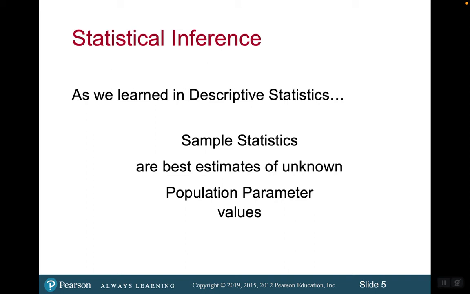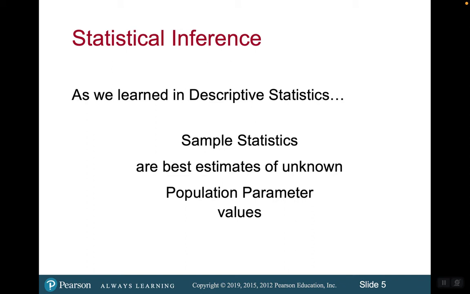As we've been going through this course and talking about different things, one of the things we've learned is that sample statistics are probably going to be our best estimates of unknown population parameter values.